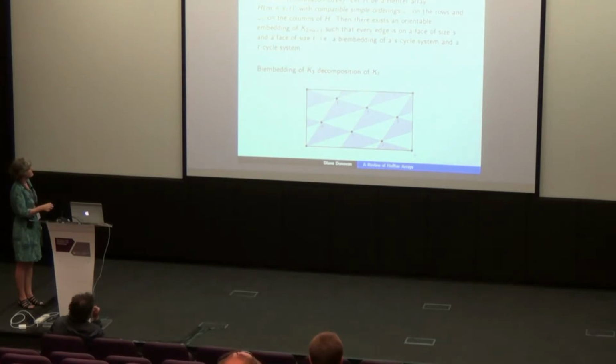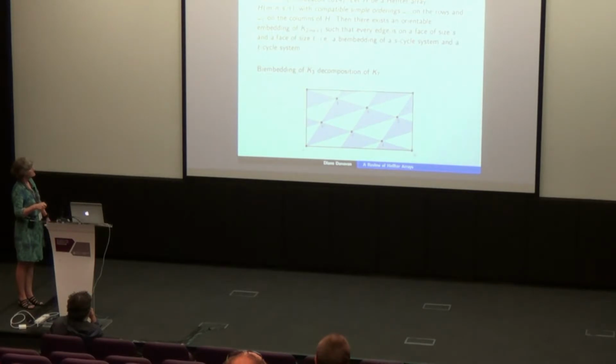So what did Dan Archdeacon do? He said, well, if I have one of these Heffter arrays and it has some extra properties, which I don't really have time to tell you about, then it gives me an orientable embedding of K_{2ms+1}, such that every edge is on a face of size s and a face of size 2t.